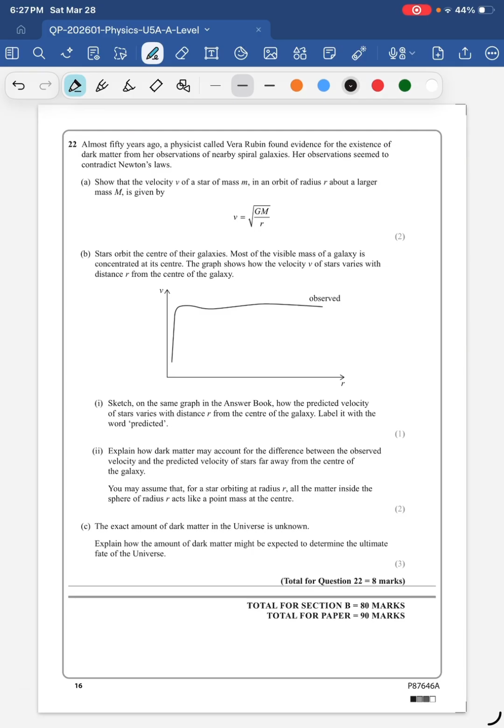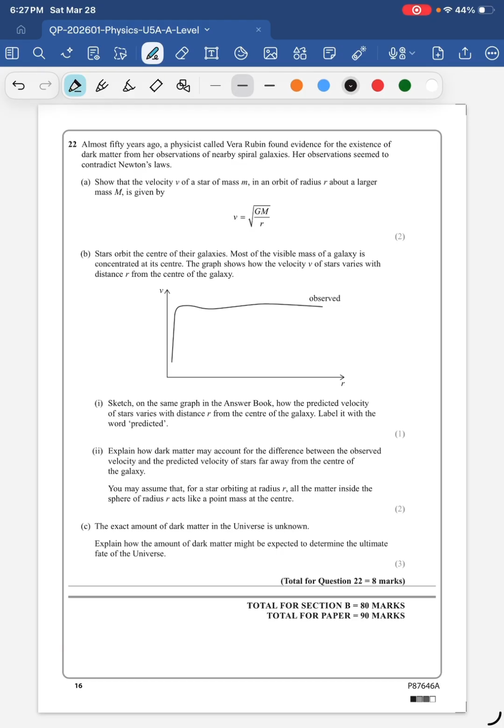Let's go to b. Stars orbit the center of their galaxies. Most of the visible mass of a galaxy is concentrated at its center. The graph shows how the velocity v of stars varies with distance r from the center of the galaxy. Question i. Sketch on the same graph in the answer book how the predicted velocity of stars varies with distance r from the center of the galaxy.